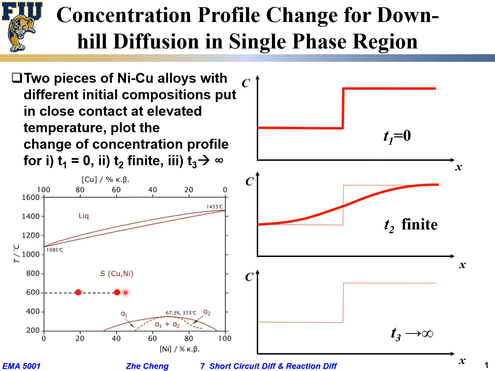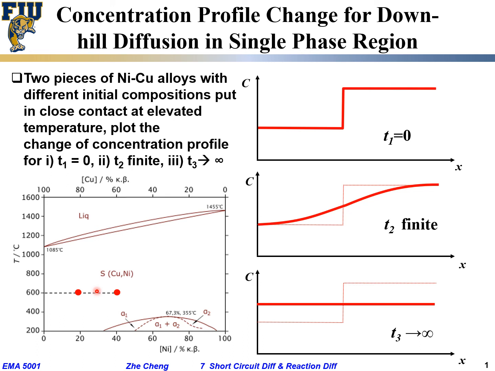So what would happen? I'm in single phase region, so in the end, I'm single phase, right? Single phase and uniform. This is going to happen, right? Completely uniform after infinitely long time. Make sense?